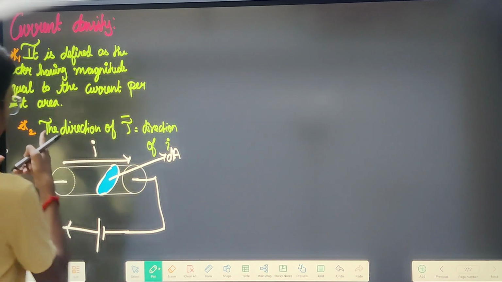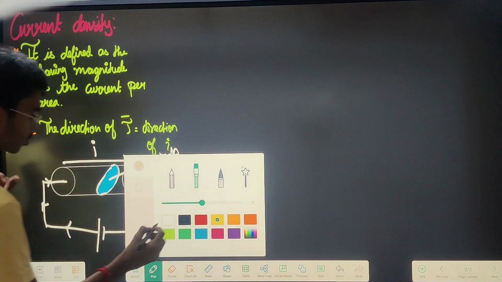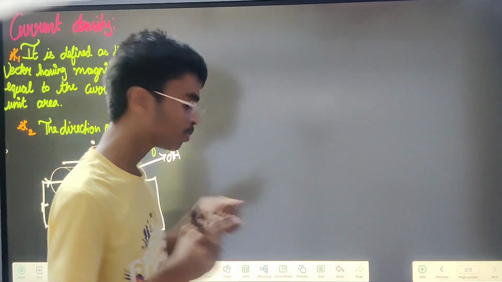Okay, so current density, we have seen that the direction of current density is equal to the direction of current. Here the direction of current is like that. That means the current density's direction is also going to be like this.